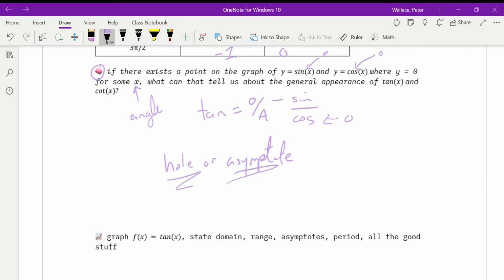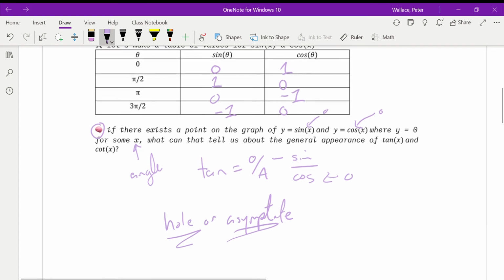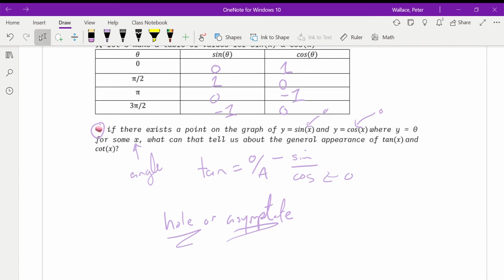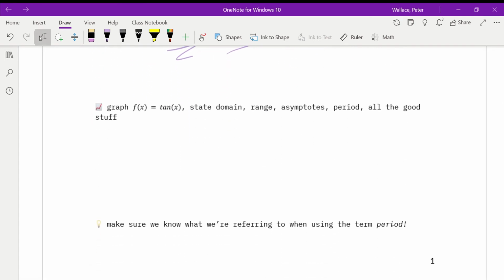Because we cannot have a defined point when cosine is 0, and we know for a fact, up here, that cosine will be 0 at some point. So let's state the domain, range, asymptotes, period, all the good stuff. Let's graph it first. Generally, I don't need you to graph things in a really pretty way, so I'm just going to go with the basics.